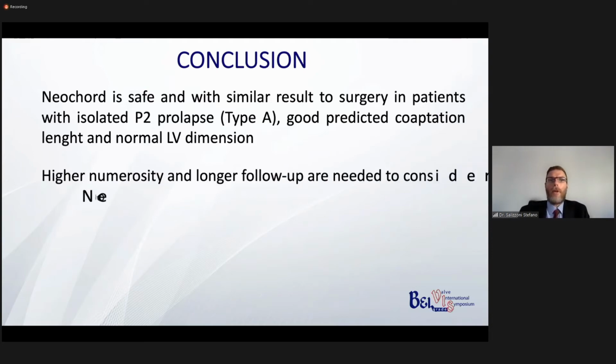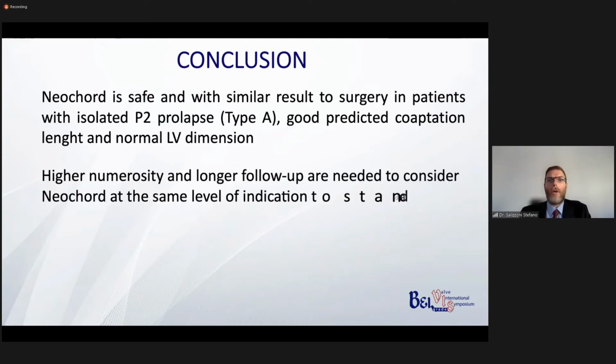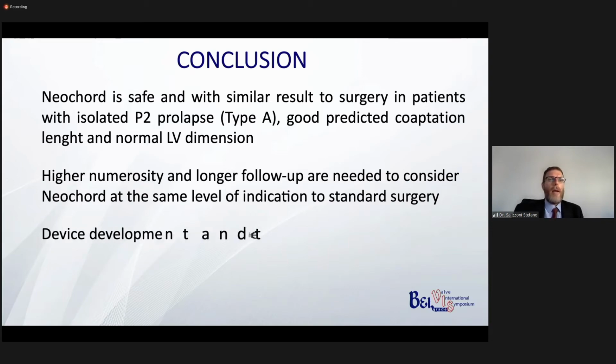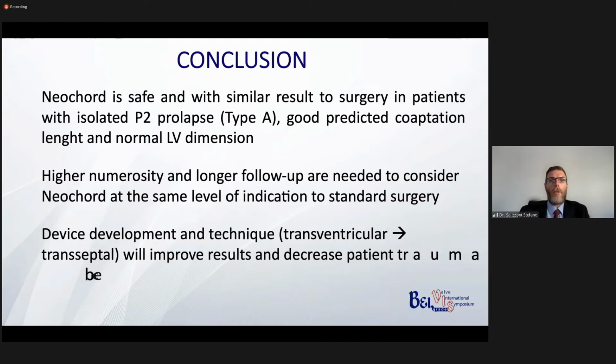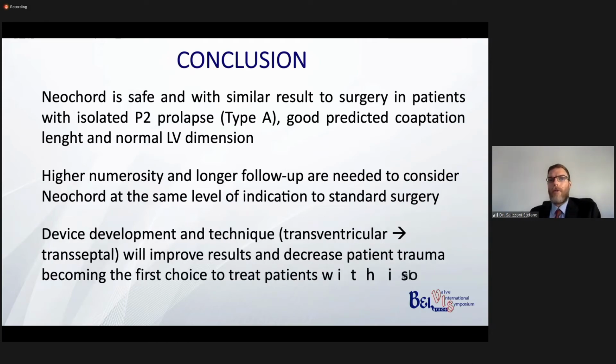Higher numerosity and longer follow-up for sure are needed to consider Neocord at the same level of indication as standard surgery. And finally, device development and technique, especially if we move to a transeptal approach, will improve results and decrease patient trauma, and maybe become the first choice to treat patients with isolated P2 prolapse in the future.